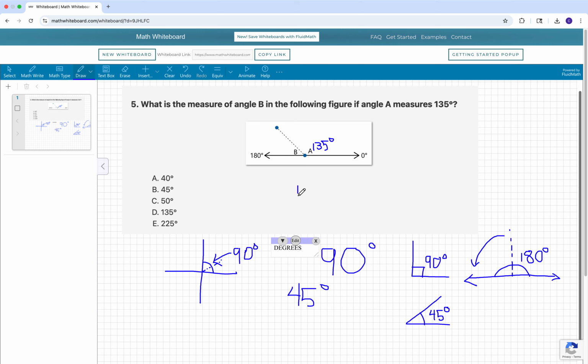So to get B, we can just do 180, like we had before, minus this angle A. This is 180.